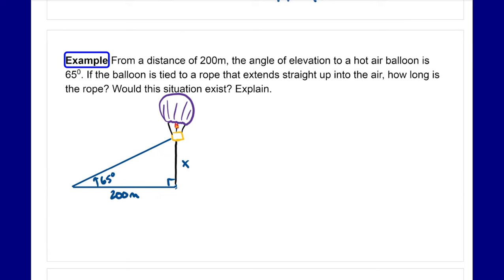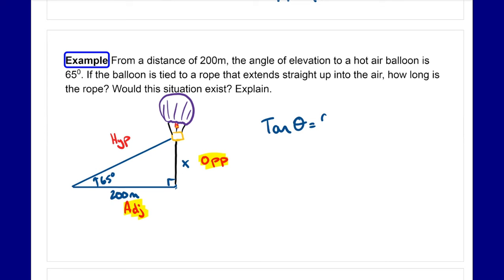So now let's go through and label our sides. We have our angle that's given, we have our opposite over here, we have our adjacent here, and we have our hypotenuse across from our 90-degree angle. We are working with the opposite and the adjacent, so that means we are dealing with tan.